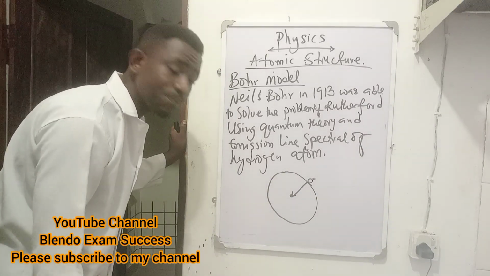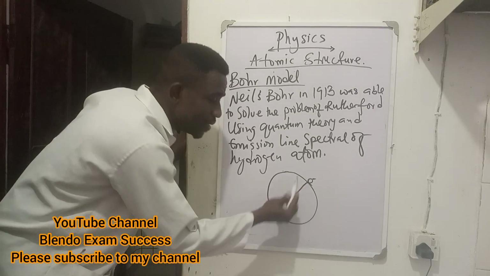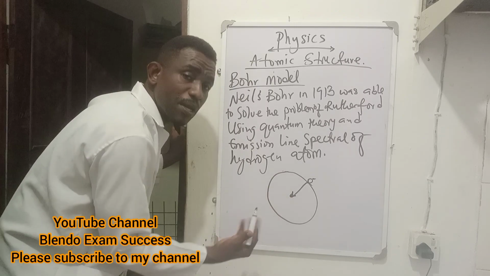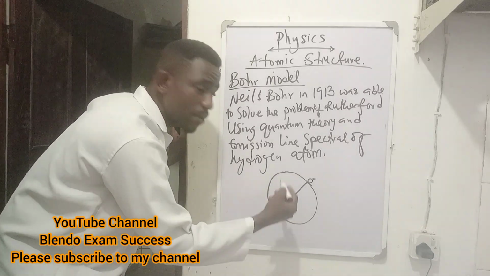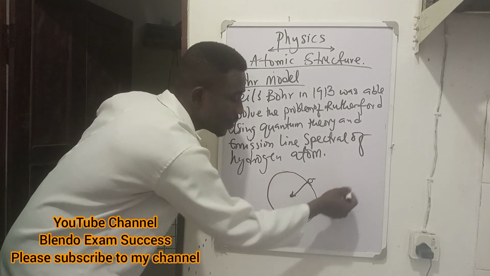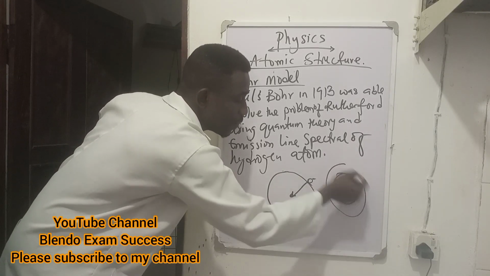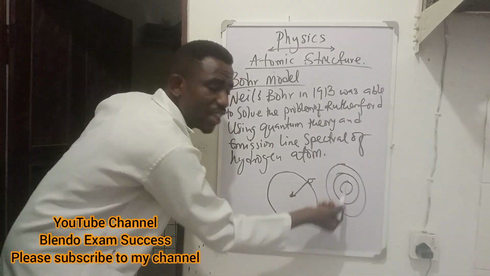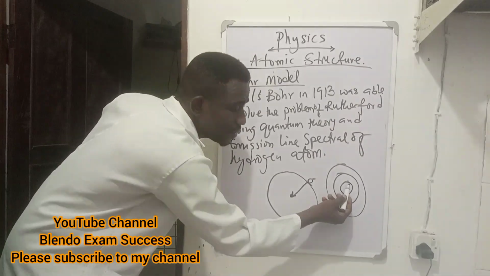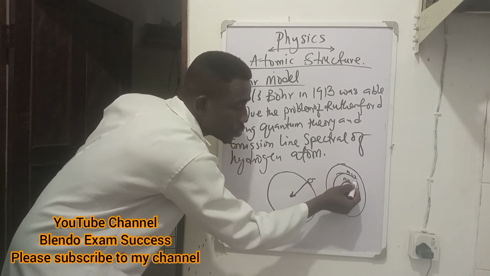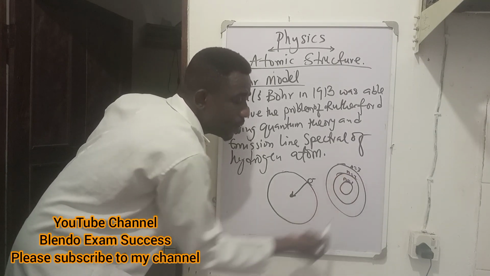And what did he say? He said that electron, yes, revolves around the core, but the shape of the atom should be in concentric circles, in the sense it will be this form, that electron resides in each energy level. Then this is the orbit. Orbit 1 is n equal to 1, n equal to 2 is orbit 2, n equal to 3 is orbit 3.